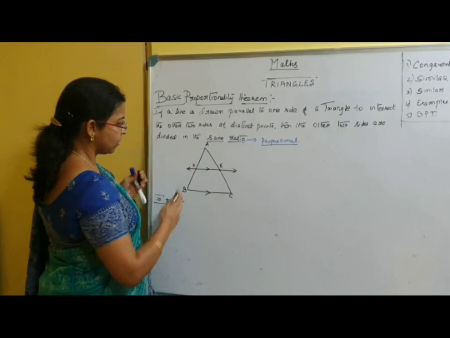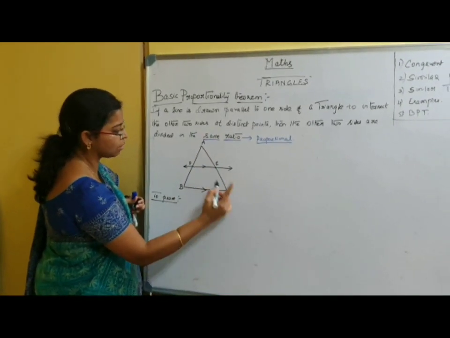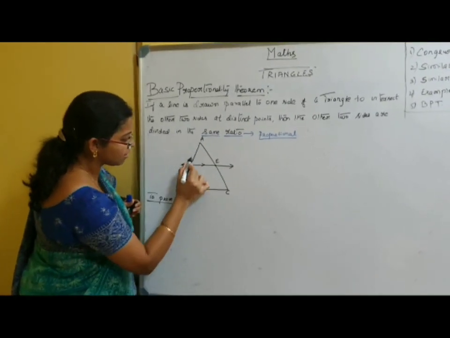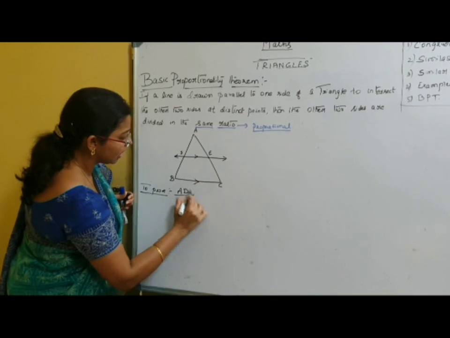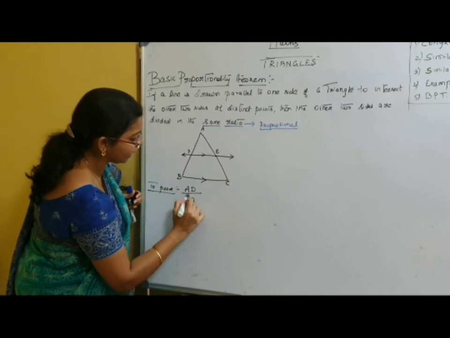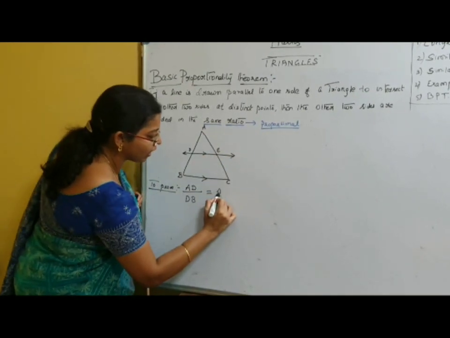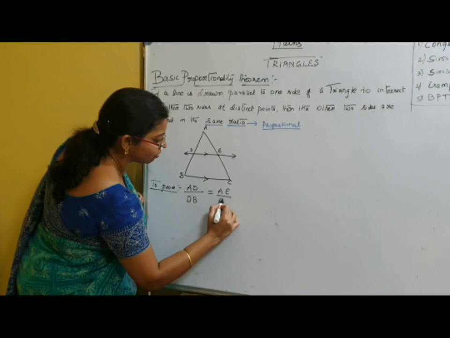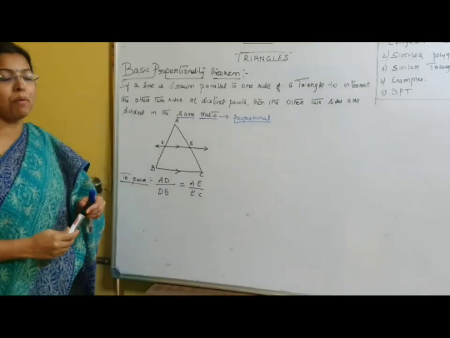That means the sides AB and AC are divided in the same ratio. That is, AB is divided as AD and DB. When we say same ratio, it is AD divided by DB will be equal to AE divided by EC.